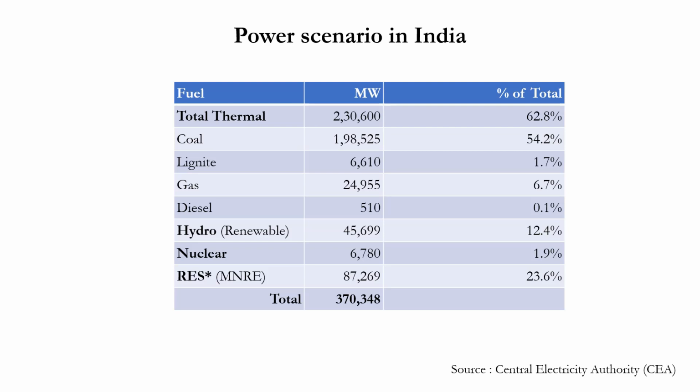The different fuels in thermal are coal, which gives a capacity of 1,98,525 megawatt, about 54.2%; lignite, 6,610 megawatt, around 1.7%; gas, 24,955 megawatt, about 6.7% of total; and diesel, 510 megawatt, around 0.1%.